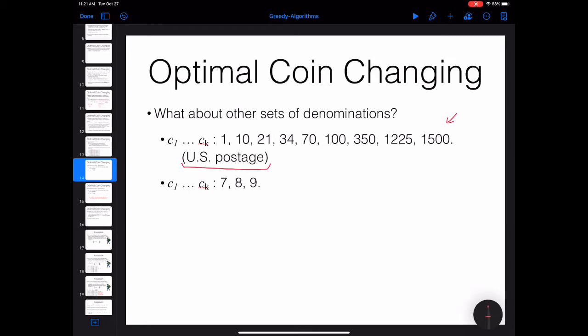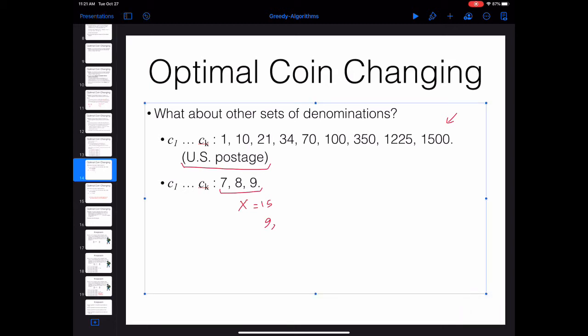Or for example, if you have your coin system as 7, 8, and 9, and you go with the greedy strategy, in some cases, for example if the amount you are changing is 15, it ends up not having any answer. If I go with the greedy strategy, I would choose 9, and then the remaining cannot be changed using 7 and 8.